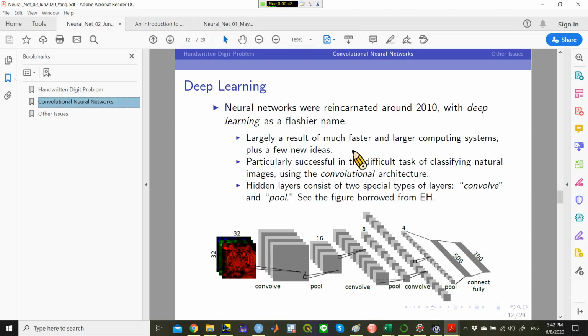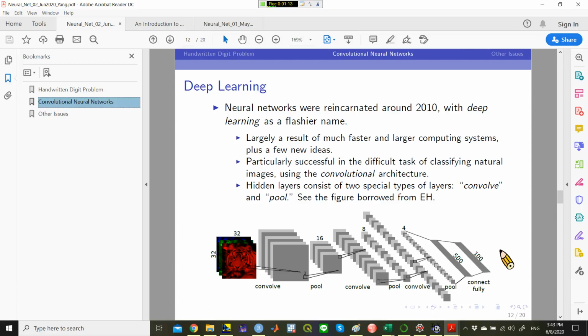One important idea that came up around 2000 was called convolutional architecture. It works extremely well in figure or image recognition and classification. The convolutional architecture has 2 special types of layers, convolve and pool.